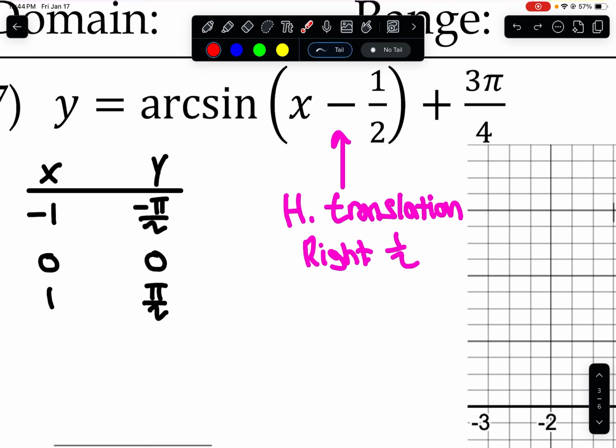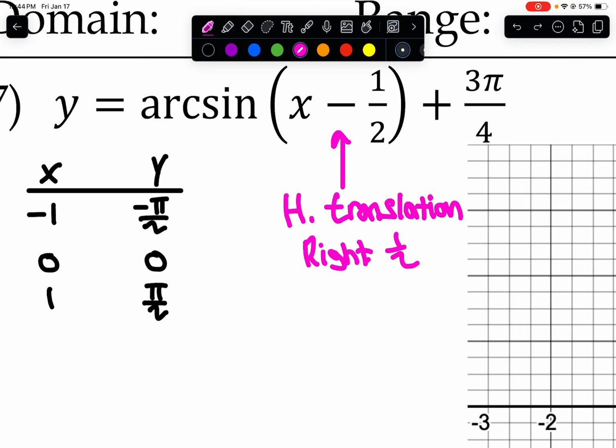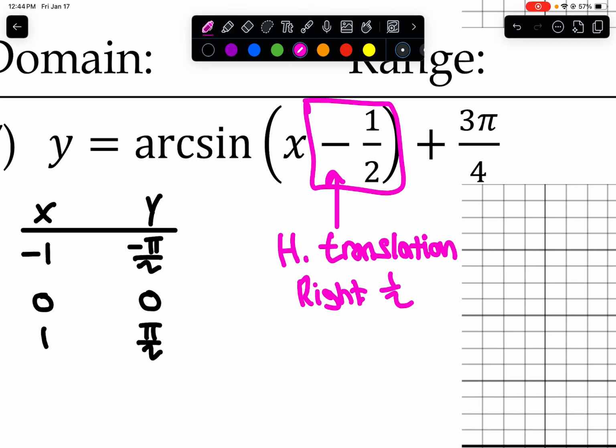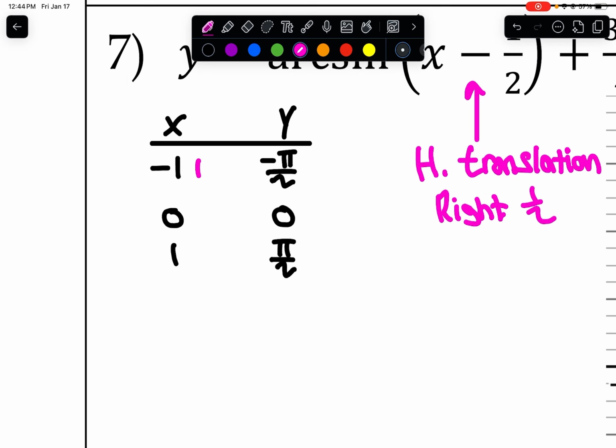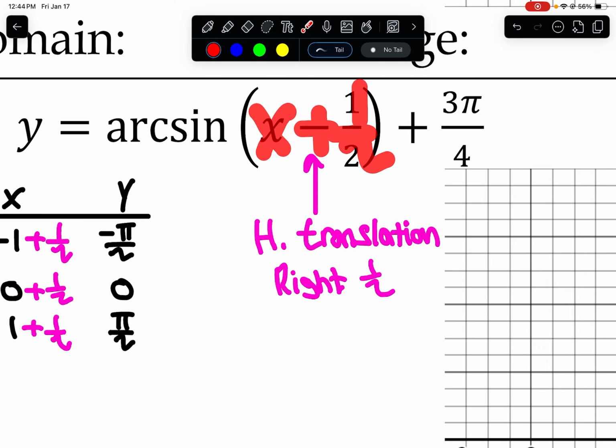So I always think of it this way. Your x is a dirty liar, do the opposite of what they say, which applies in math. So even though your equation looks like it's saying we're going to subtract 1/2, you're actually going to add 1/2 because we're going to move it to the right. All right, so for example, if I was doing x plus 1/2, then I would actually subtract 1/2.